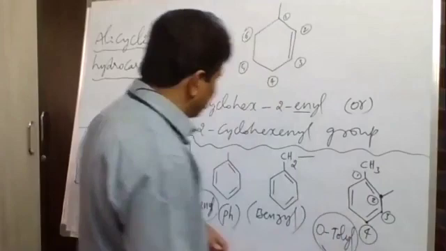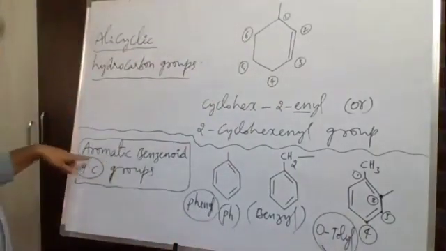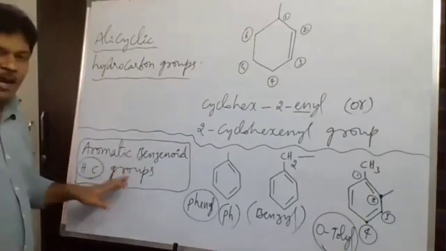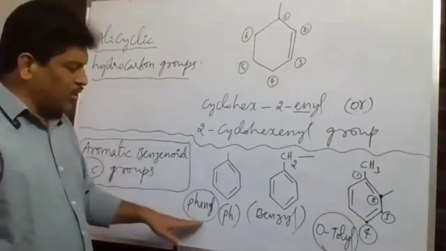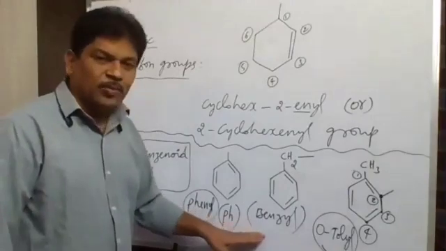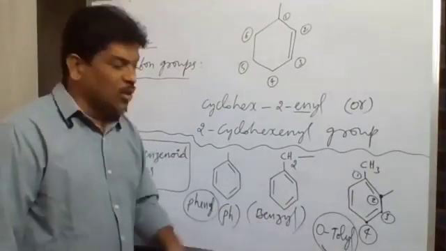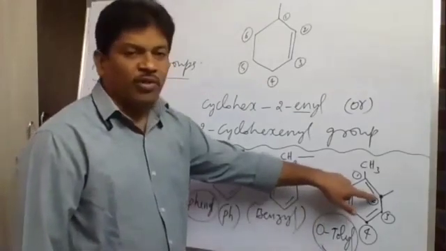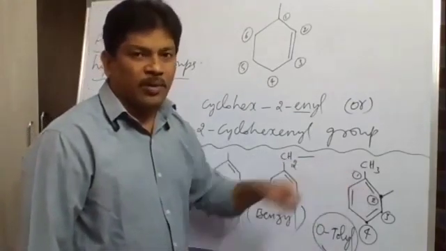The orthotoluyl group is an example of an aromatic benzenoid hydrocarbon group. So aromatic benzenoid hydrocarbon groups are like the phenyl group, benzyl group, orthotoluyl group here. In this orthotoluyl group, the hydrogen atom is removed from which carbon? The ortho carbon.